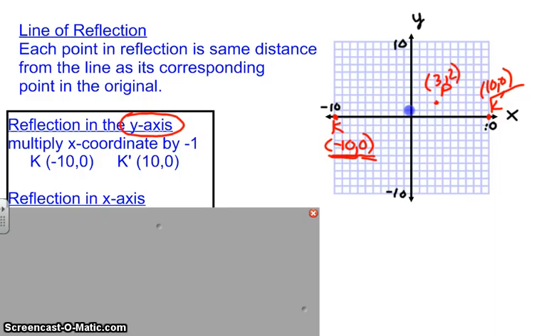Good, 3, 2. So point P is at 3, 2. And now we're reflecting in the x-axis. Again, you could use the word across. Reflect across the x-axis. So if we're just going to take point P across the x-axis, who can give us the coordinates of the new image? Can you do it, Liam?